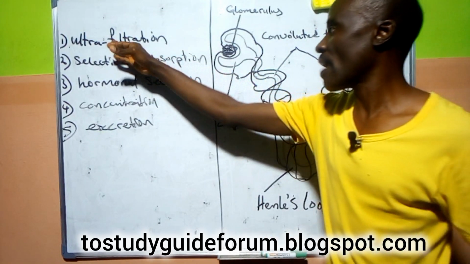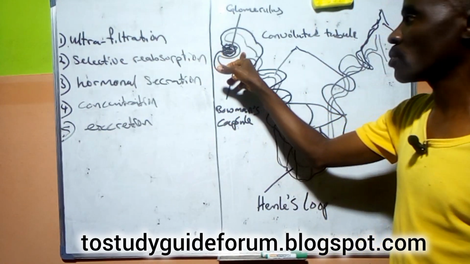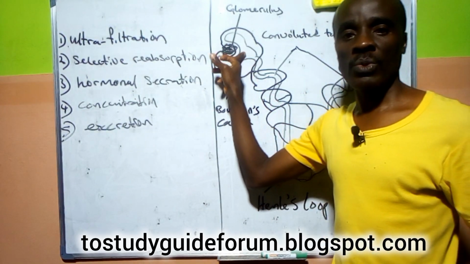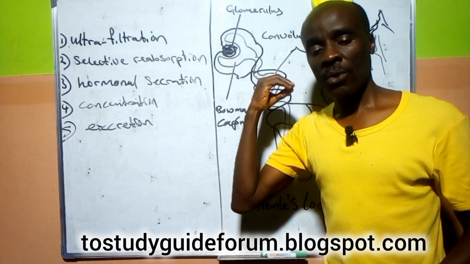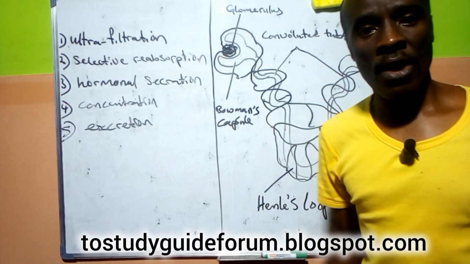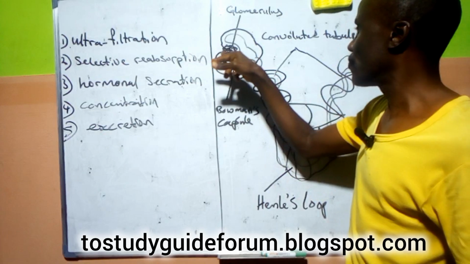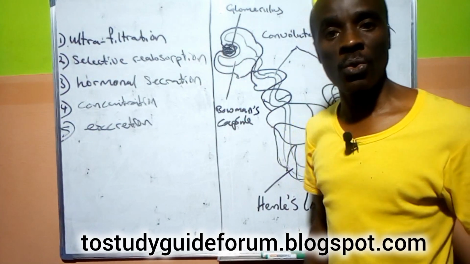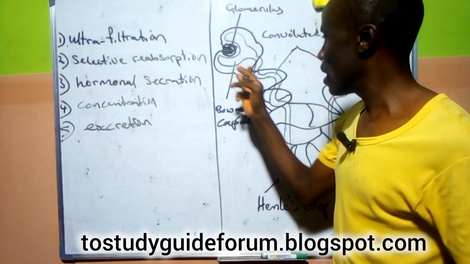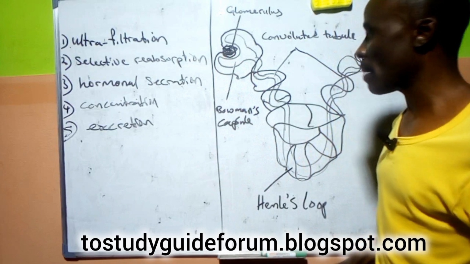Whatever passes into here is what we call the glomerular filtrate, because here is the glomerulus, and the filtrate that enters the Bowman capsule is the glomerular filtrate.